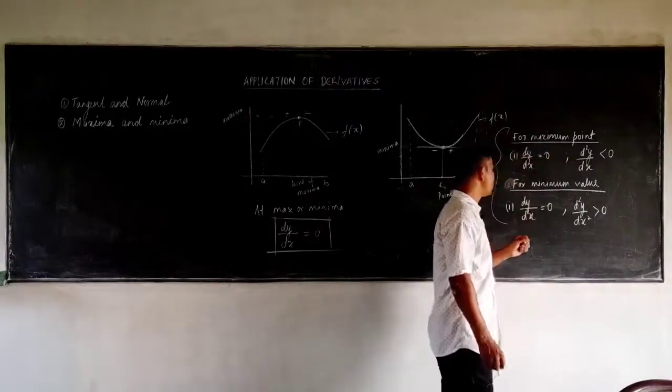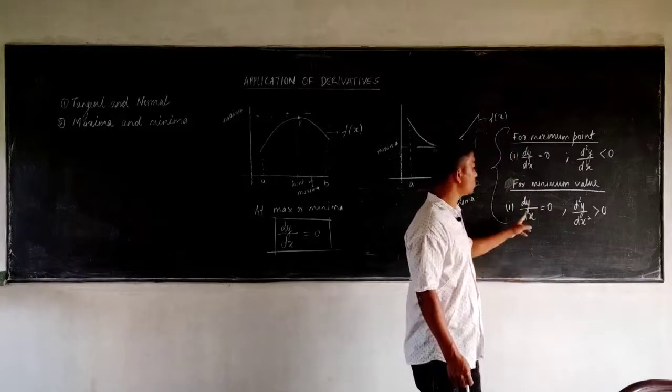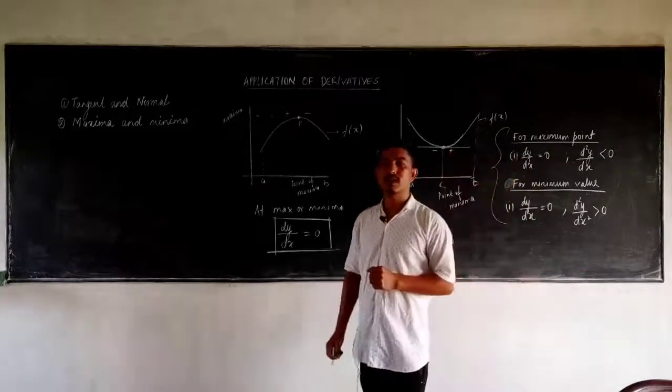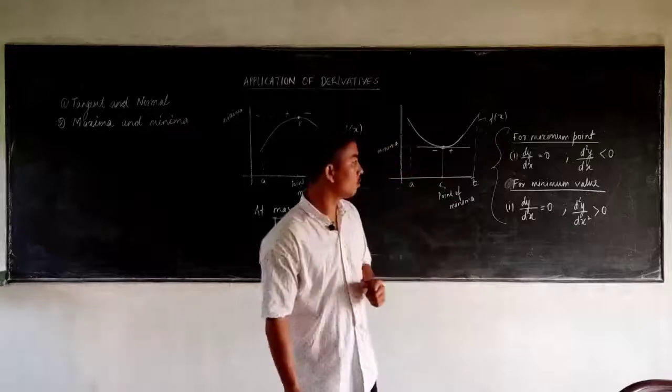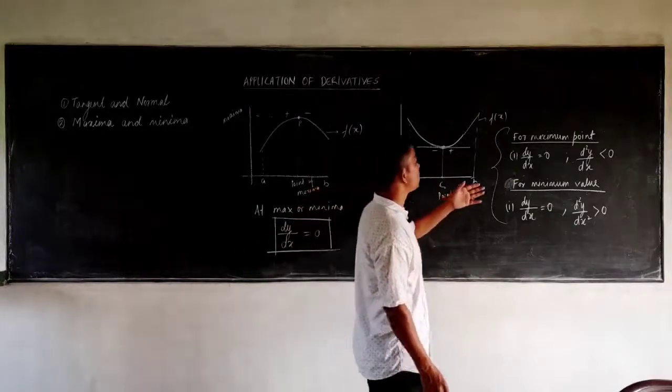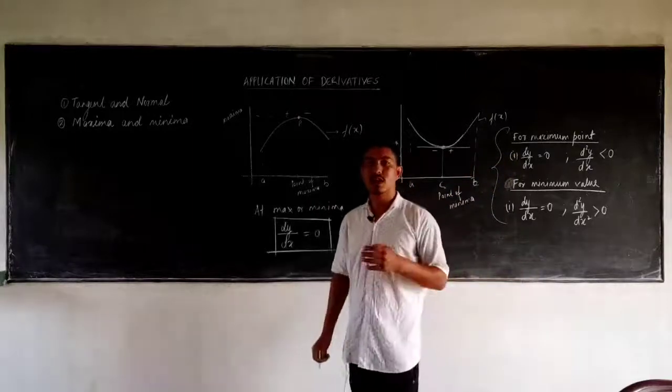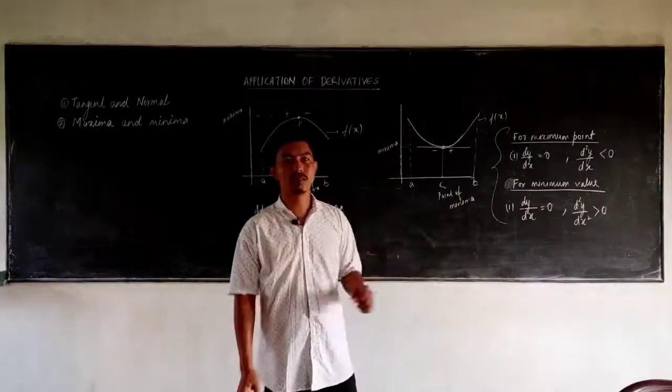For a minimum value, the first order derivative will be 0, and the second order derivative will always be greater than 0. These are the two important conditions to know whether a point is a maximum or a minimum.